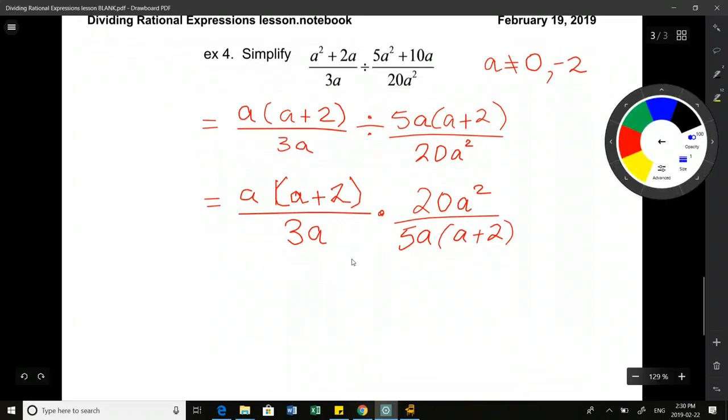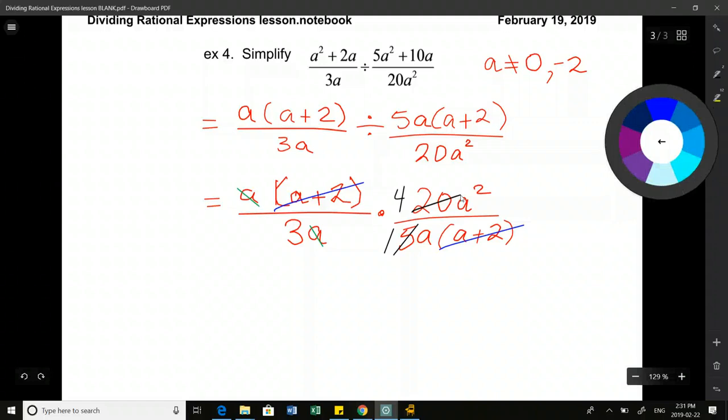Okay, good. So we can cancel a full a plus 2 with another full a plus 2 here. Those ones are fun. A and A. 20 and 5, yeah, that would be 4 and 1. Anything else? Okay, so 1a out from each, right?